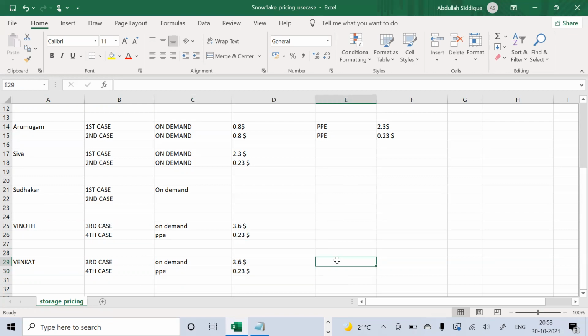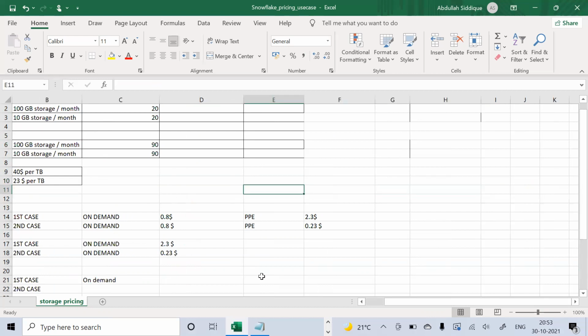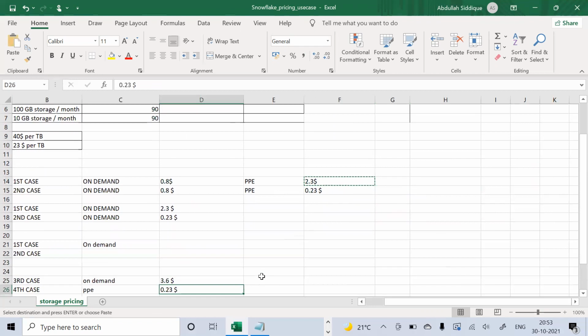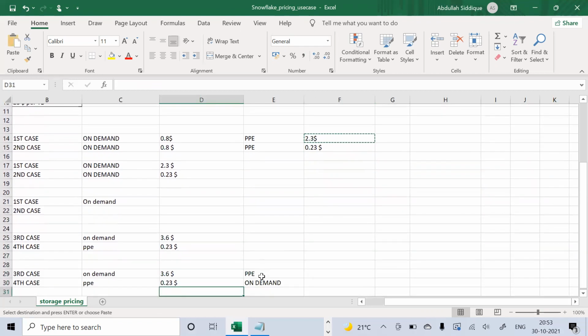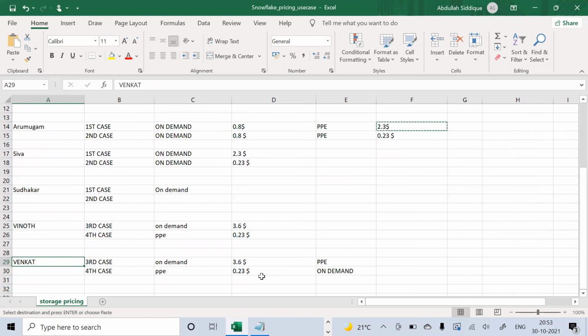Okay. So let's do the vice versa. Had you gone for PP here and on demand there? So PP would be what? 100 GB, $23. So it would be $2.3. $4. No, 2.3. Total cost I'm telling, $4. How $4?